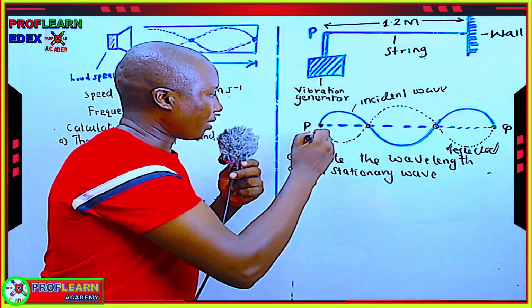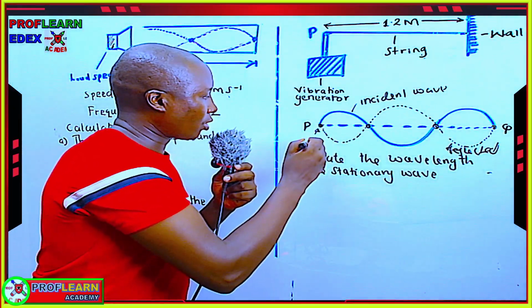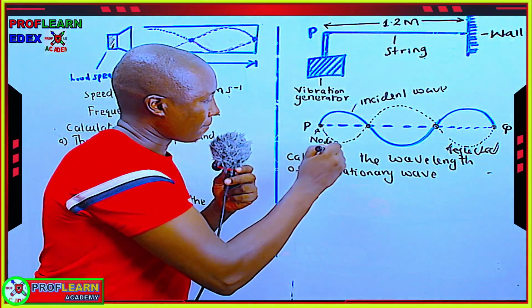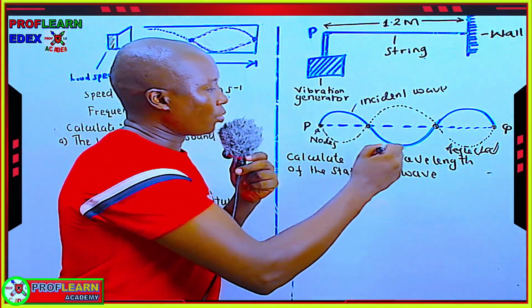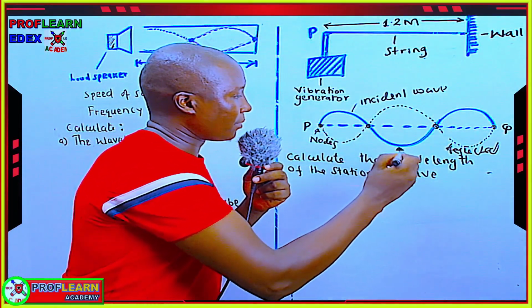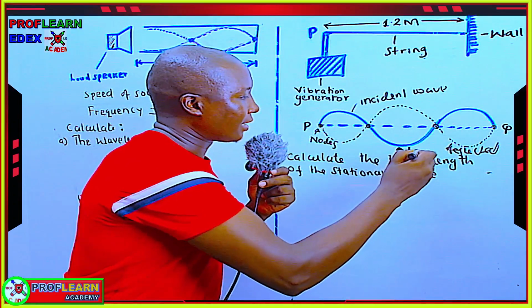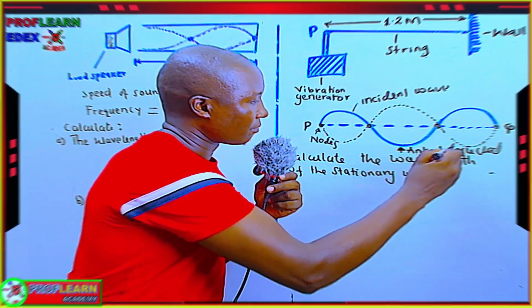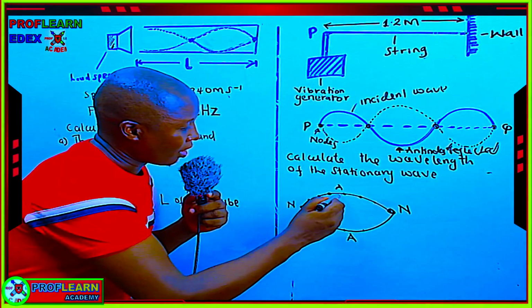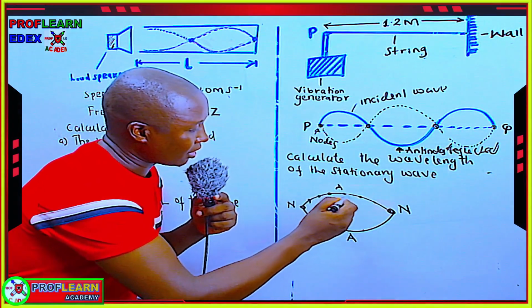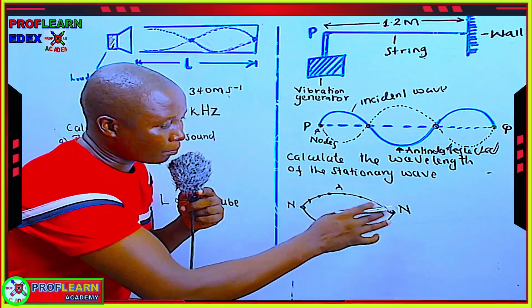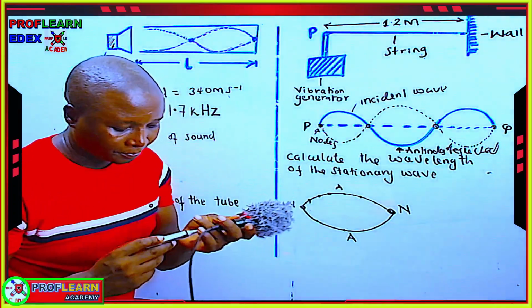These points where we have zero amplitude, we call them the nodes. And the points where we have maximum displacement, we call them antinodes. All the points here, at this point, and this one, and this one, are in phase.